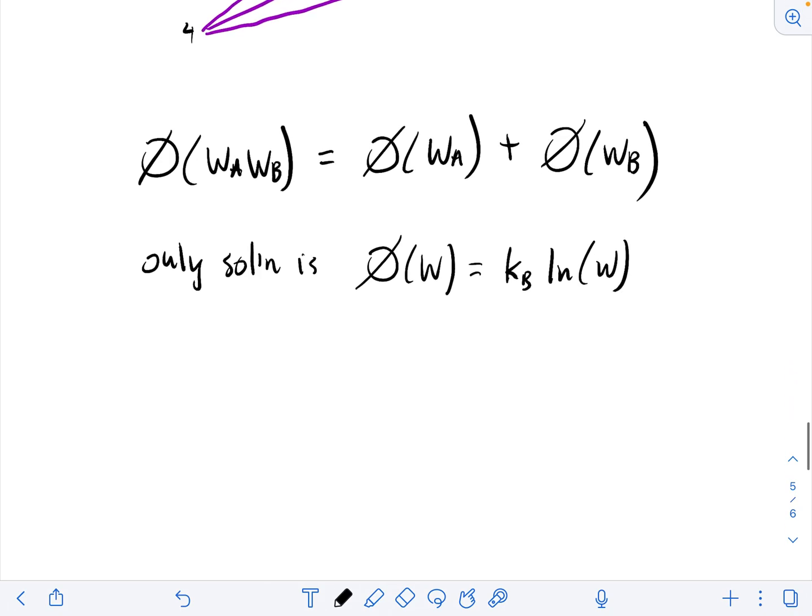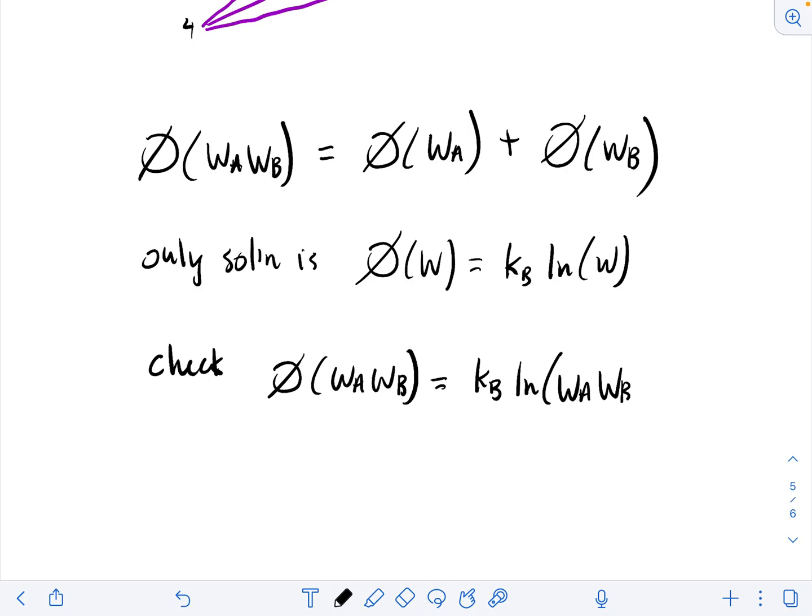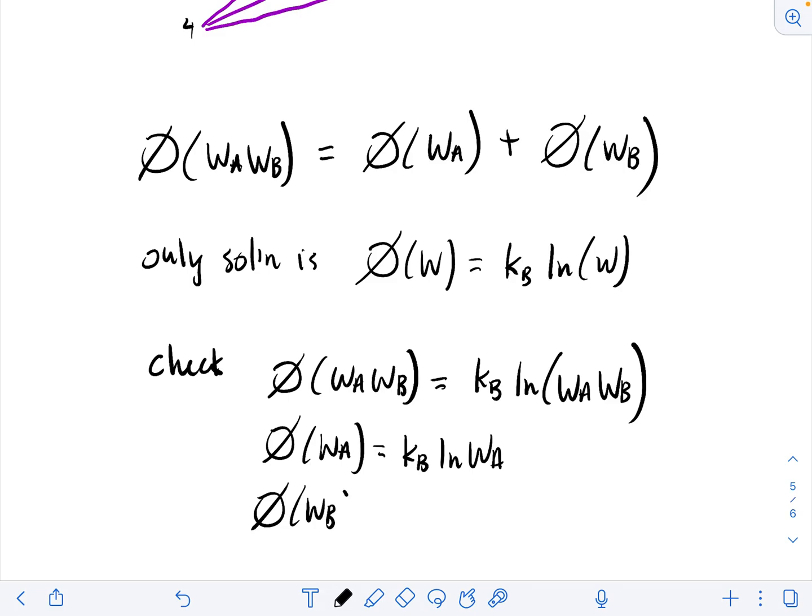And so that's easy to verify. We could take phi of WA WB, and if phi has to be this ln function, then we have some constant KB ln of WA WB, and for phi of WA we just get KB ln WA, phi of WB is KB ln of WB.